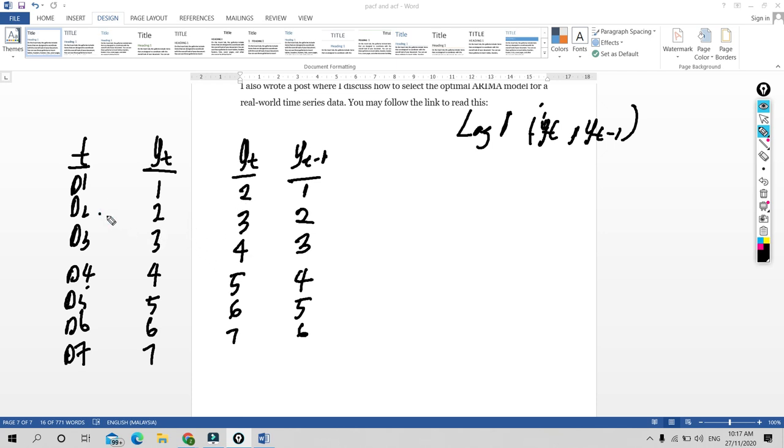Okay. Now for lag 2, you are comparing YT and YT minus 2. For this case, if I want to compare YT here, which is the first one, with two steps before, we do not have data.